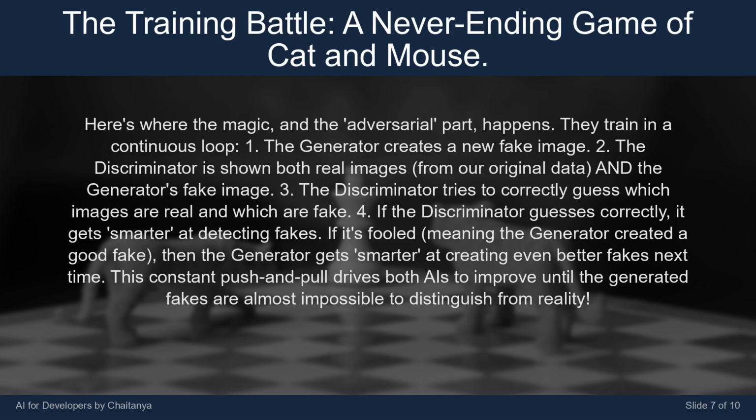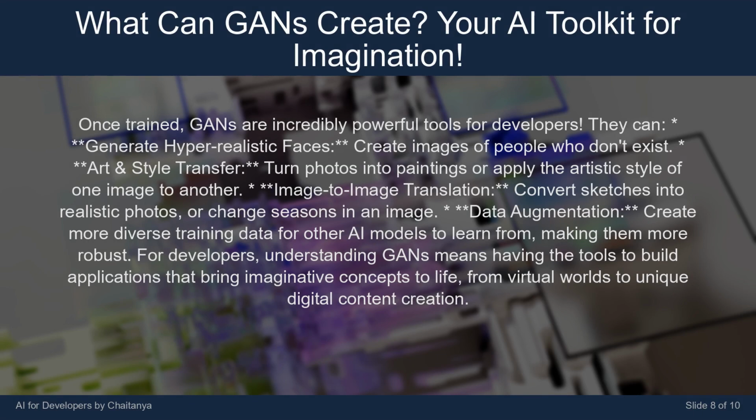Once trained, GANs are incredibly powerful tools for developers. They can generate hyper-realistic faces, create images of people who don't exist. Art and style transfer: turn photos into paintings, or apply the artistic style of one image to another.